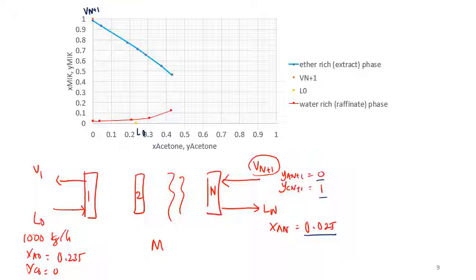This is 0.05, so 0.025 should be somewhere there. So this is your point Ln. Okay, let's erase this first.